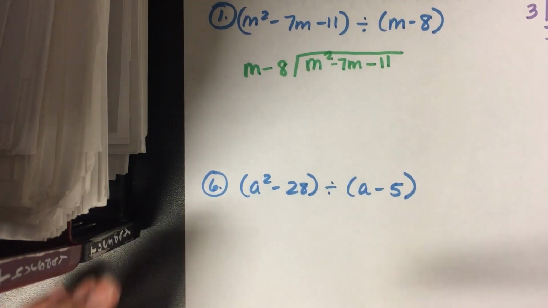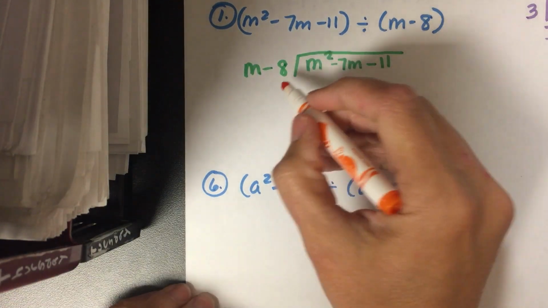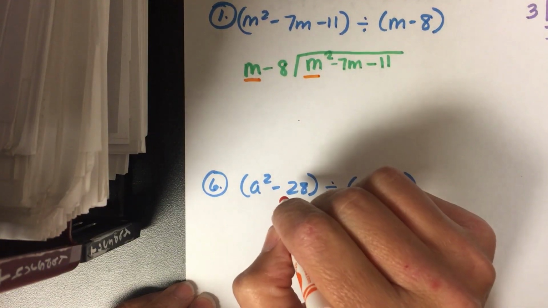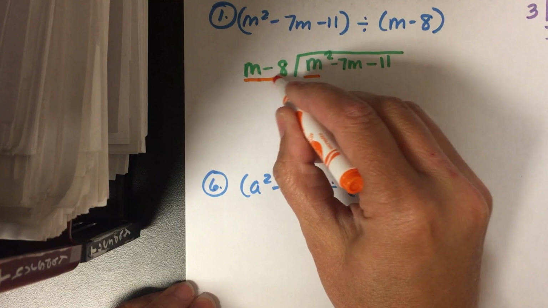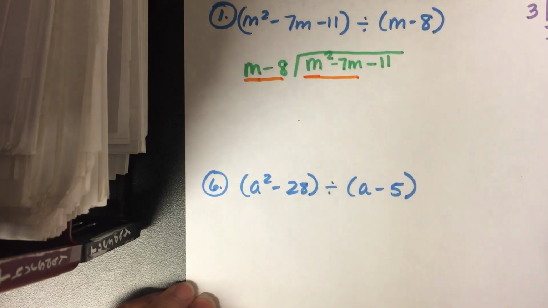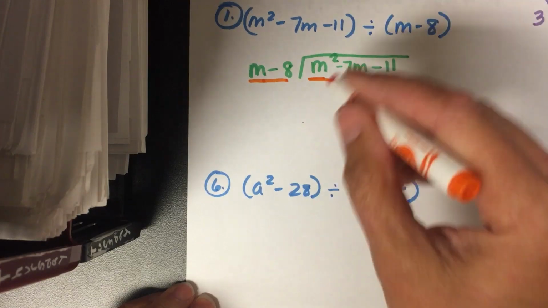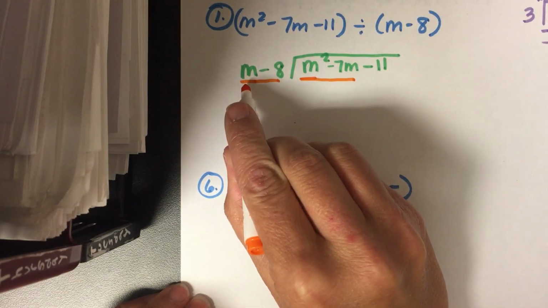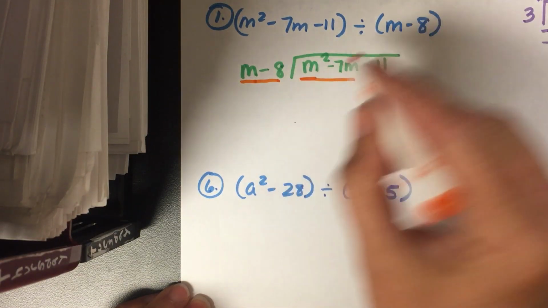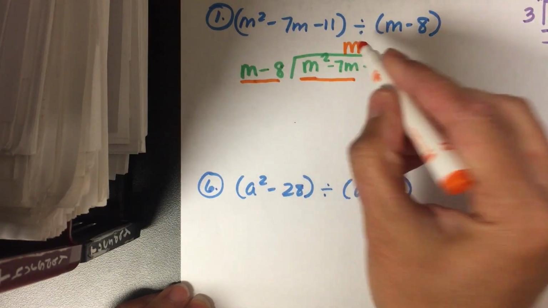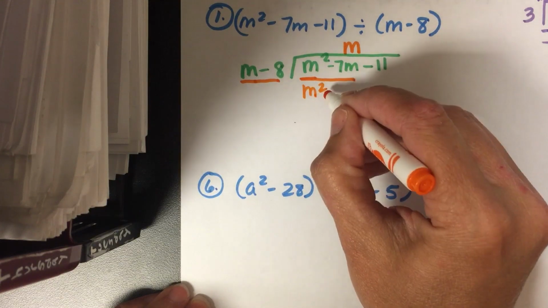What I'm going to do is see how many times m goes into m squared. But remember, we have a binomial here, so we have to get a binomial answer that we can combine. So what do I have to do to m to get m squared? Well, I multiply it by m. m times m is m squared.